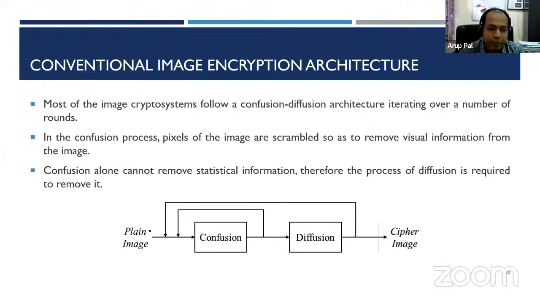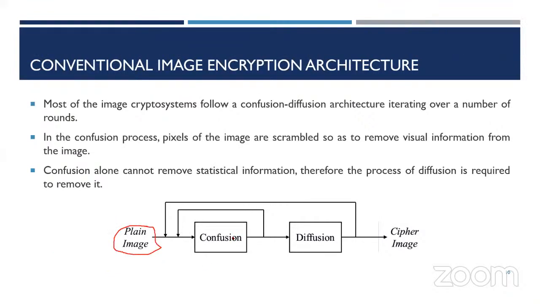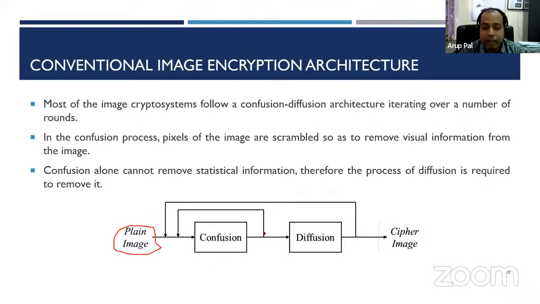Here we give the image as plain text, and that plain text we shuffle in this confusion process. The confusion process shuffles the content.